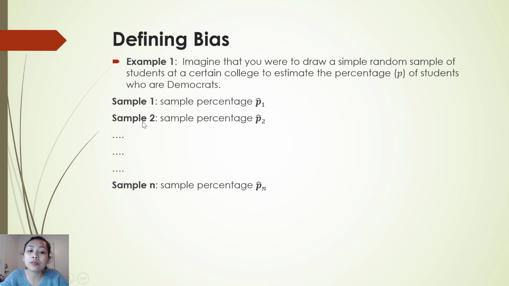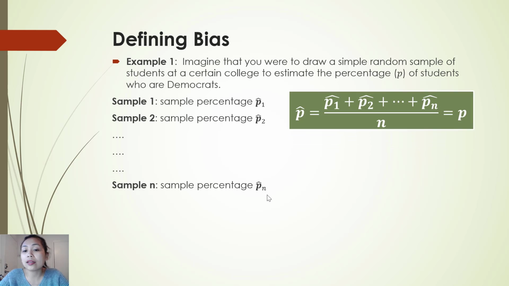And similarly for sample 2 through sample n. After I collect n estimates, P1 hat, P2 hat to Pn hat, I'm going to take the average of these n estimates. So let's say P hat is the average of P1 hat, P2 hat to Pn hat.